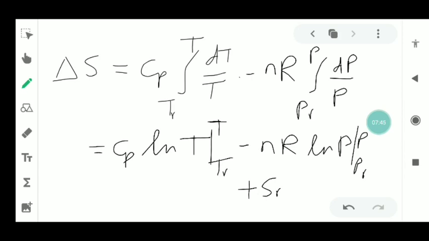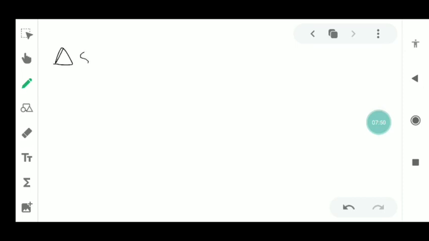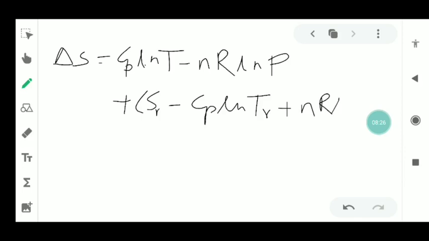So if we solve further, we will get delta S is equal to Cp ln T minus nR ln P plus Sr, which was the integral constant, minus Cp ln Tr plus nR ln Pr.